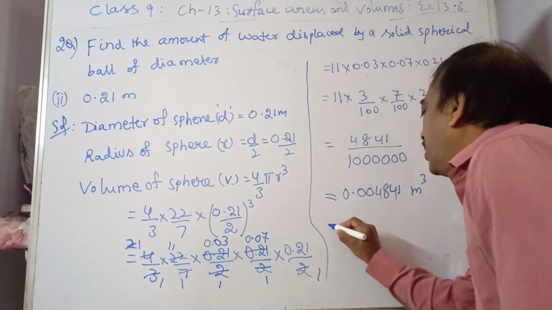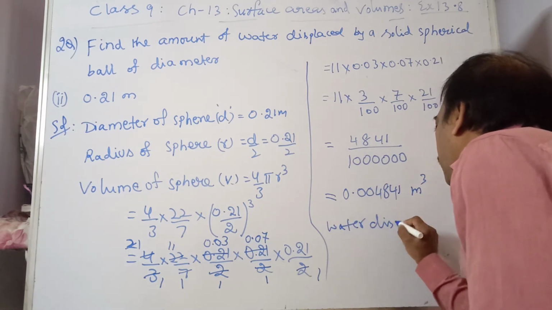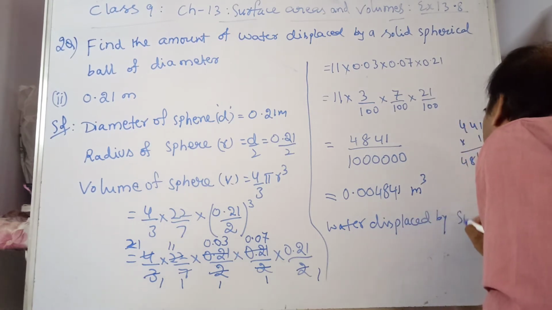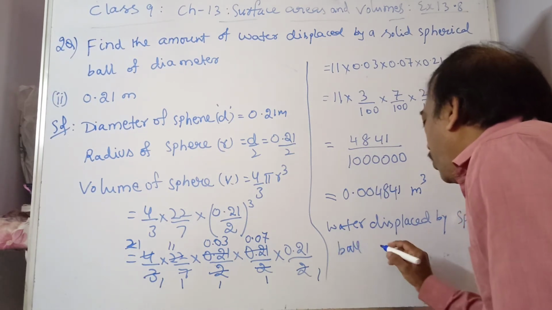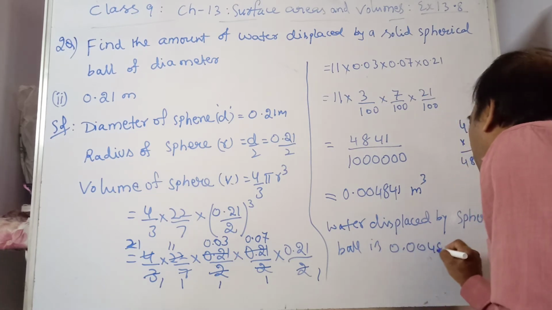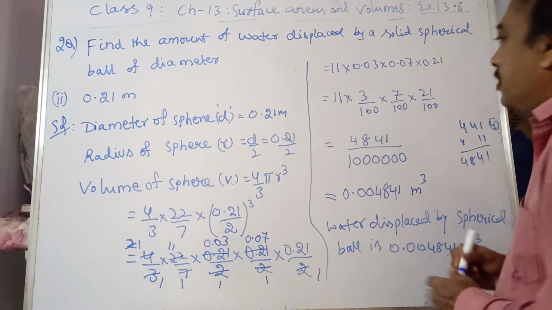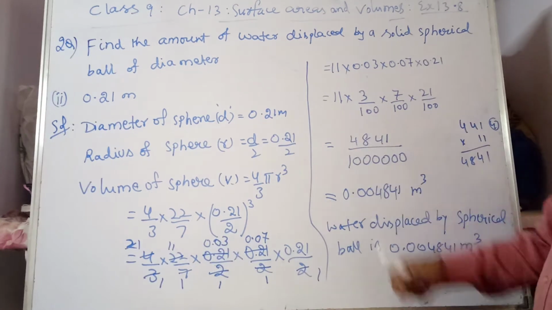So water displaced by spherical ball is 0.004841 meter cube.